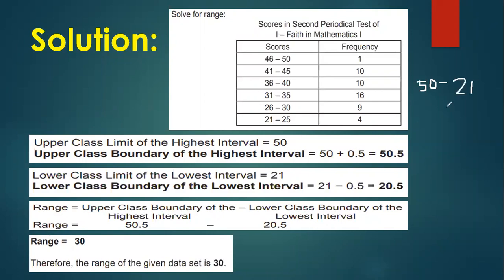So 50 minus 21 is 29. Then always add 1. So 29 plus 1 is 30.